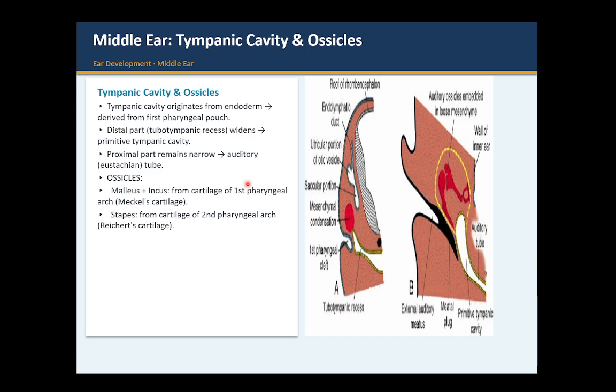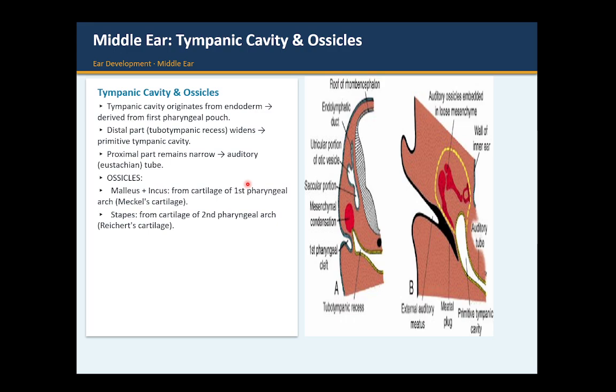Now you also have within the middle ear the three ossicles: the malleus, incus, and stapes. As we said, the muscles, cartilage, and bone come from the mesoderm in the arch. So the arch has outer ectoderm, inner endoderm, and also the core, which is mesoderm.